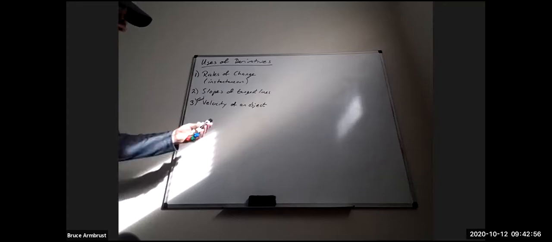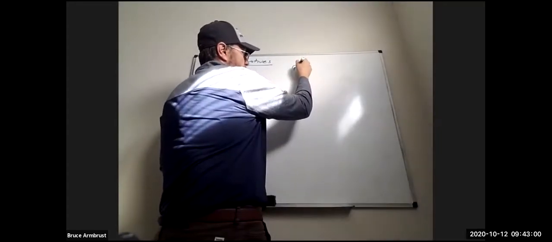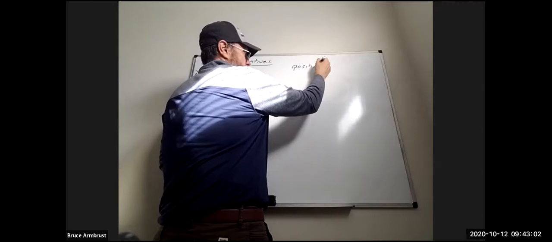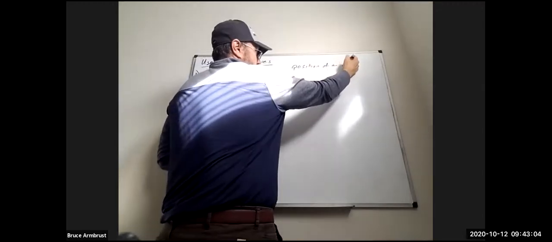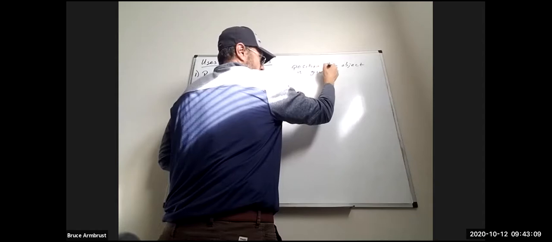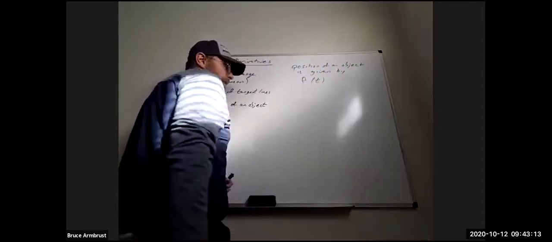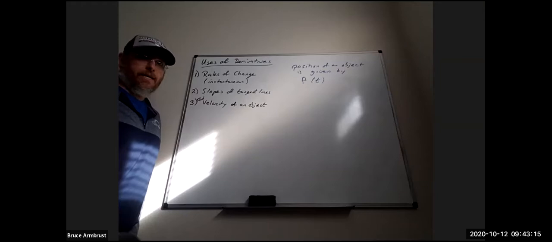So kind of how this plays out is that suppose that the position of an object is given by a function. And it's going to be, say, f of t.